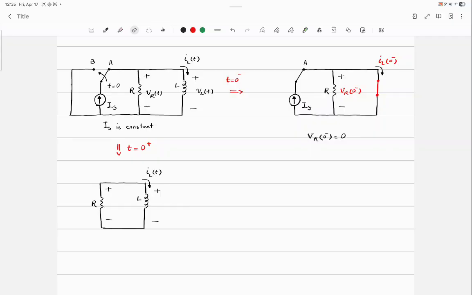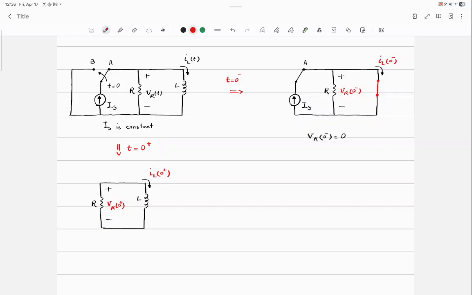I'm going to change the labels to VR0 positive, and I need to change this one also, IL0 positive. What should I do to the inductor?